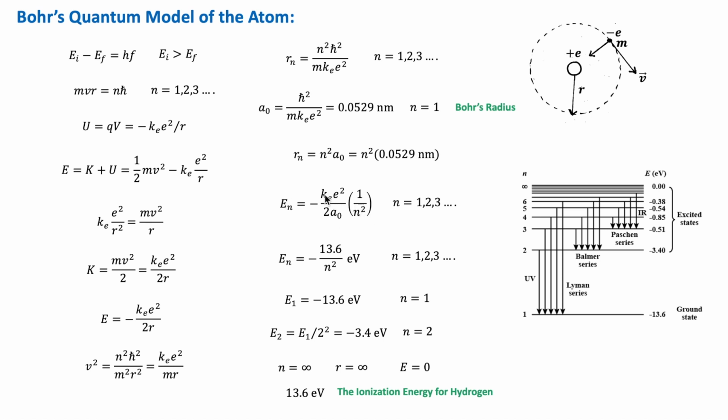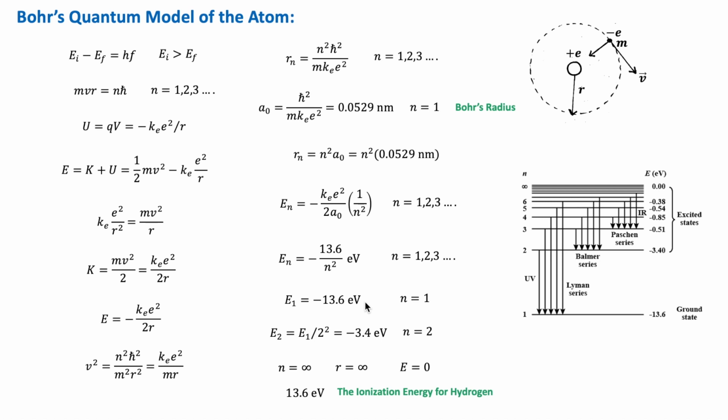And if we substitute for the values of these constants, we get this expression, which is minus 13.6 over n squared electron volts. So the lowest allowed energy level, also known as the ground state, corresponds to n equal 1 and is equal to minus 13.6 electron volts.